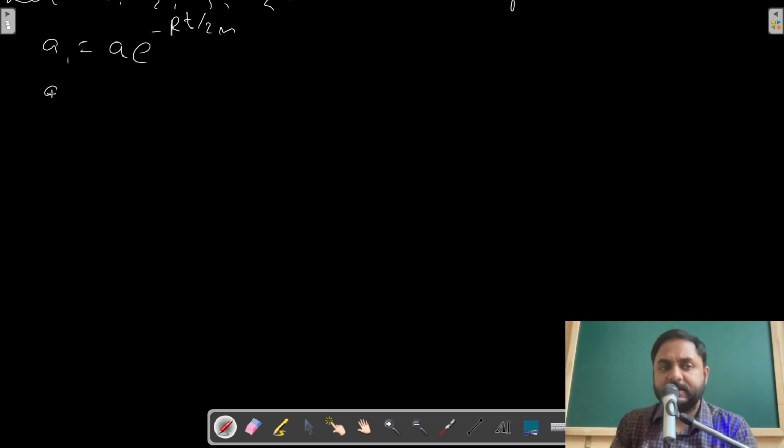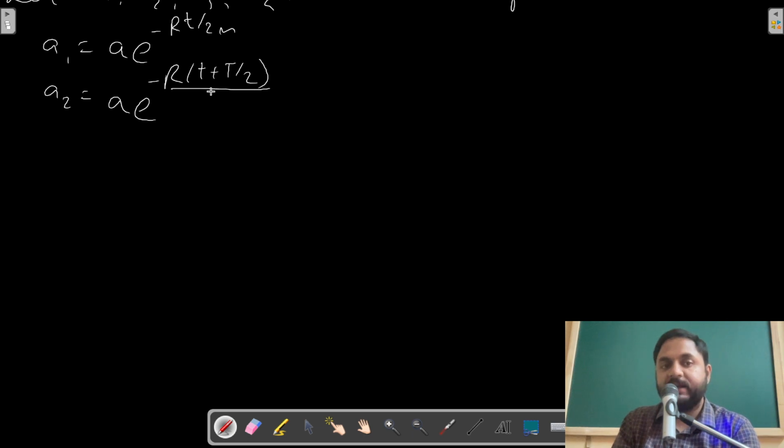And so the second amplitude A2 will be A into e raised to minus r, instead of t, I'll write small t plus capital T by 2, whole divided by 2m. Because I'm going to need this further, I'm going to simplify this right now.